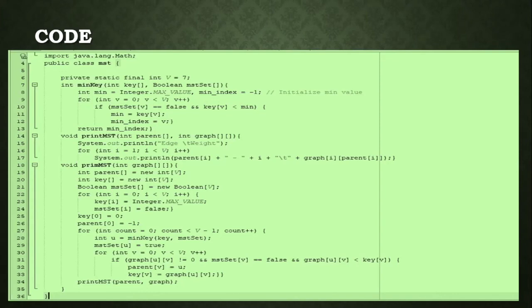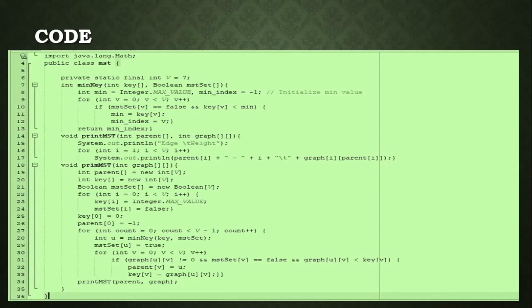Why did we take V minus 1? Because if there are V vertices in the graph, there will be V minus 1 edges. So it will run V minus 1 times. Then count plus plus, then U equal to minimum key.